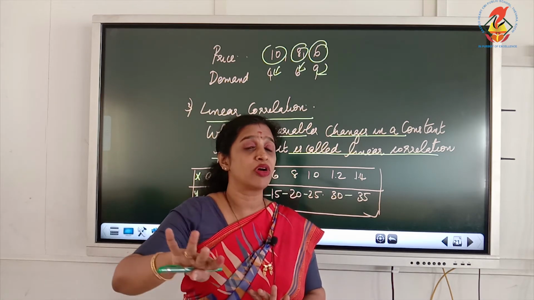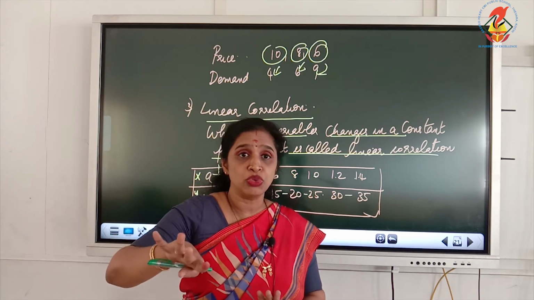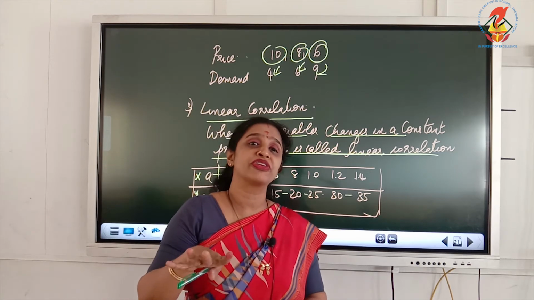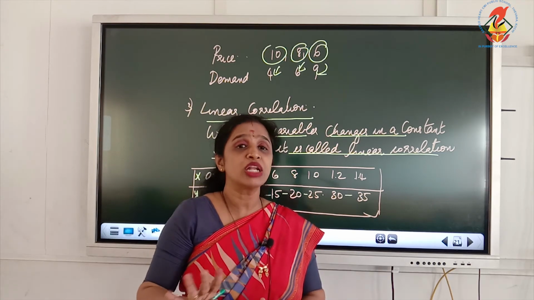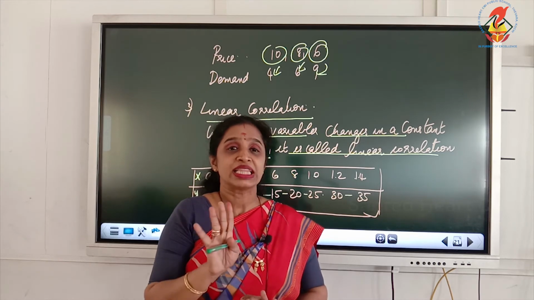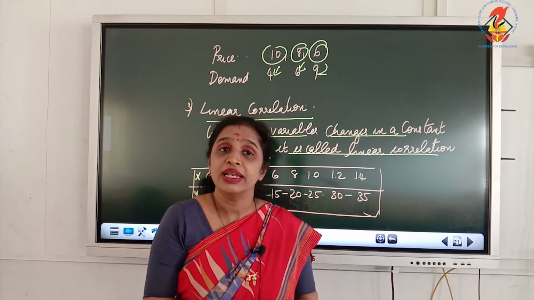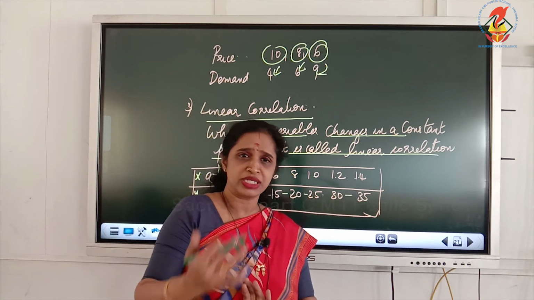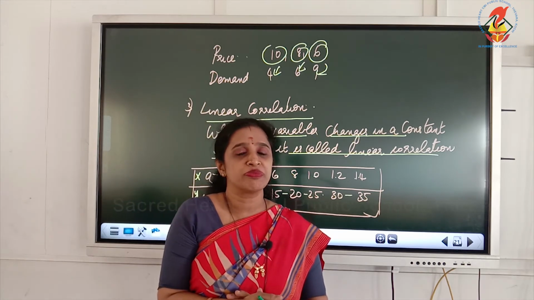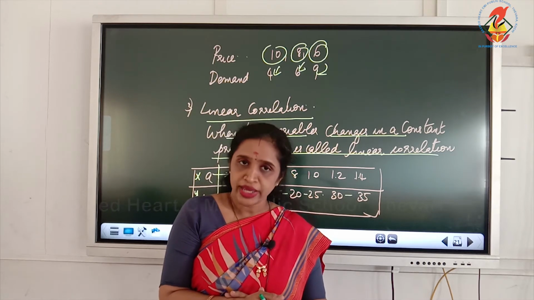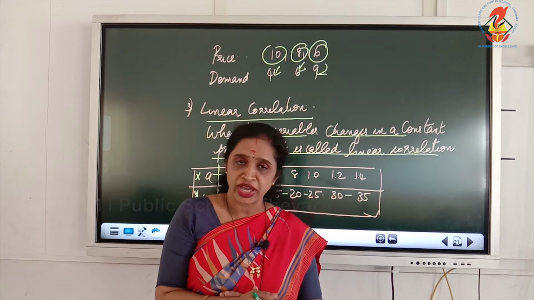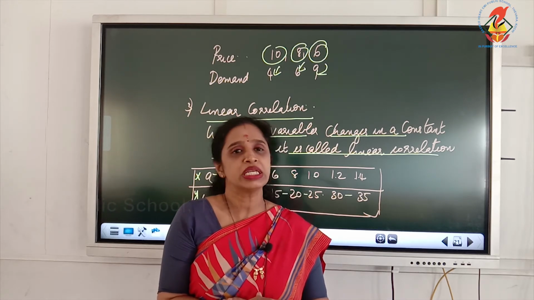X is moving in a constant proportion with a difference of 2, at the same time Y is also moving at a constant proportion with a difference of 5. So both are moving in a constant proportion. That kind of movement is known as linear correlation. From the beginning towards the end, X is moving with a difference of 2. Likewise, Y is also moving with a difference of 5 from the beginning till the end.